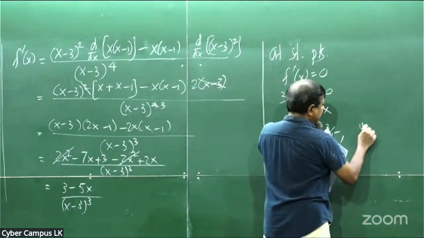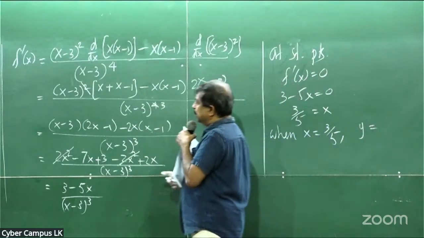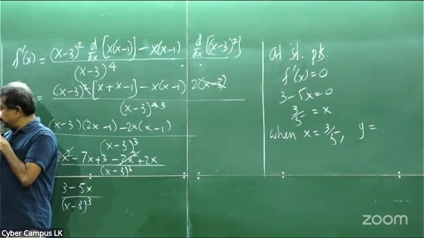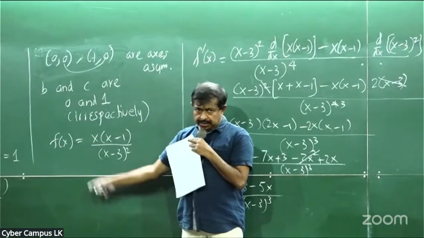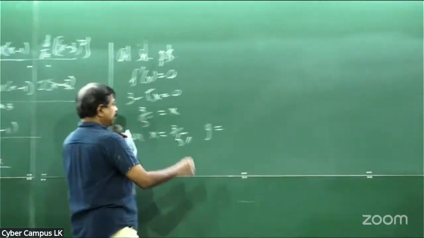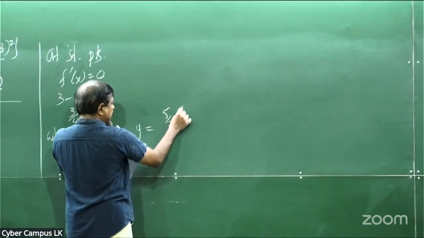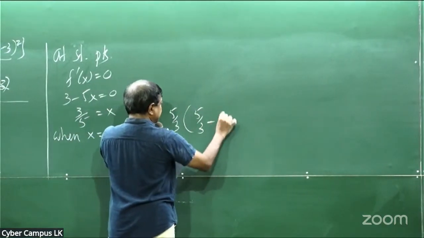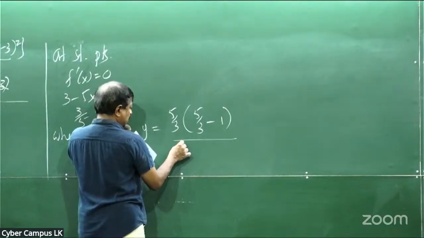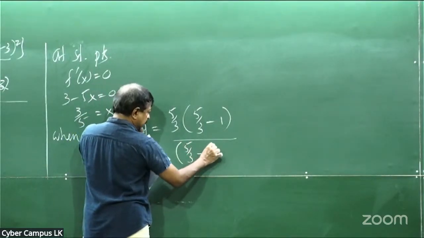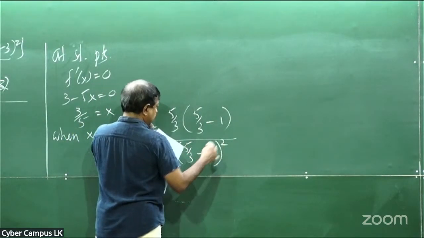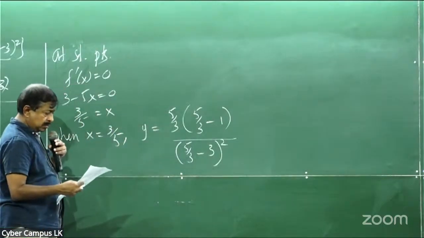You have to find the y coordinate. You know, this is the function. X is 5 over 3. So x is 5 over 3. This is x minus 1. Then this is x minus 3 squared, right?